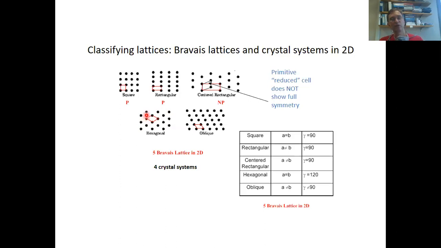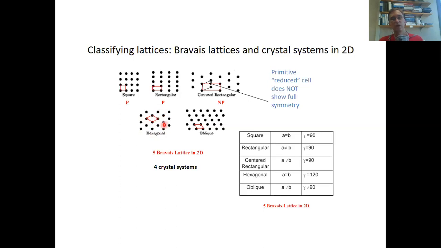So this lattice point will move here if you carry out the six-fold rotational axis, this lattice point will move here when you carry out the 6-fold rotational axis. Therefore, we define this primitive cell here as the unit cell of the hexagonal crystal system.